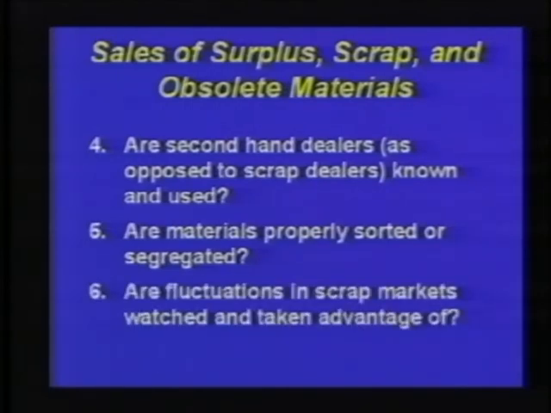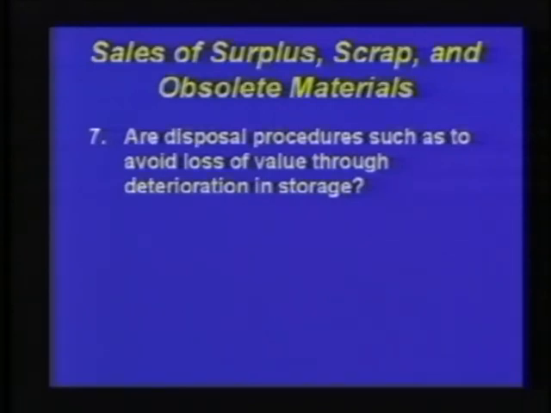And 6 are functions in the scrap markets watched and taken advantage of. And those could be scrap reports and other types of reports that are an integral part of the scrap processing industry. And 7 are disposal procedures such as to avoid loss of value to deterioration in storage.